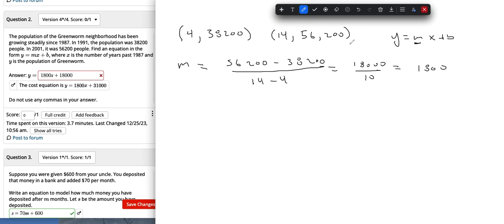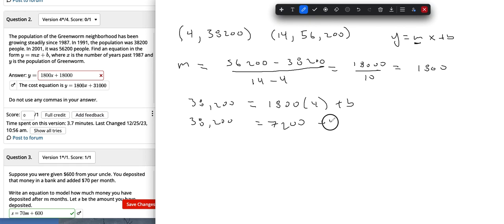Then I'll just arbitrarily pick this first point. I can totally pick the second one as well. So y is 38,200 equals m, 1,800, times x, which was 4, plus b. Then we'll multiply that out, and that is 7,200 plus b.